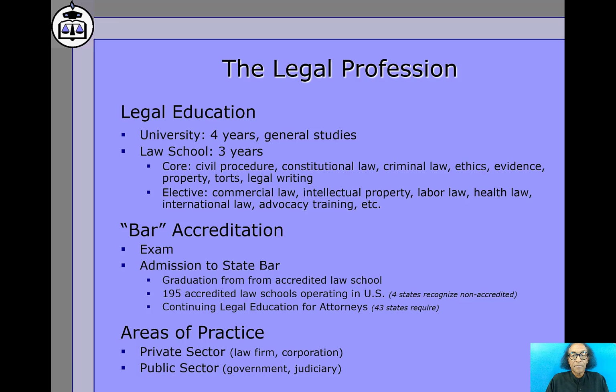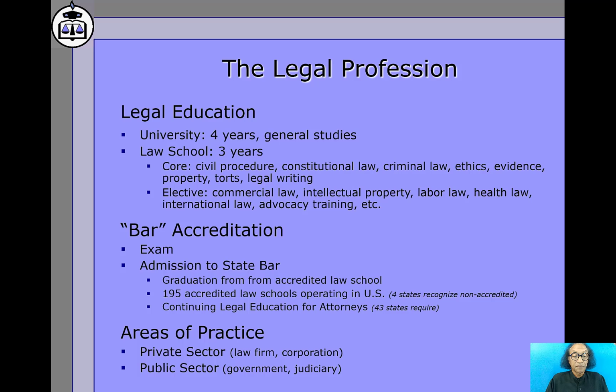Once a person completes their legal education, in order for them to practice, they have to take what's called the bar exam, and that's an examination sponsored by the state bar, and usually it consists of a written portion and a multiple choice question called the multi-state.